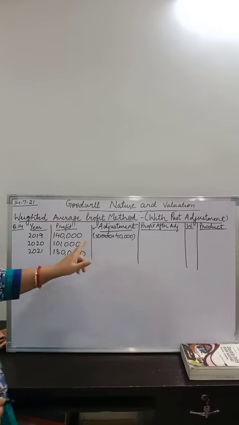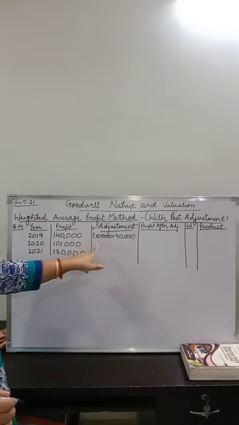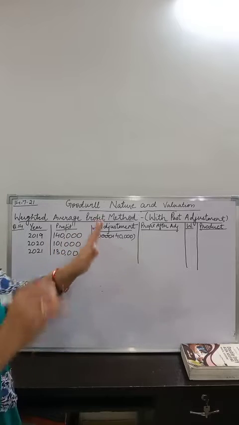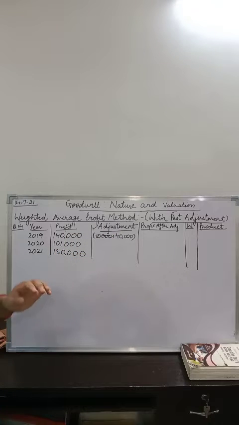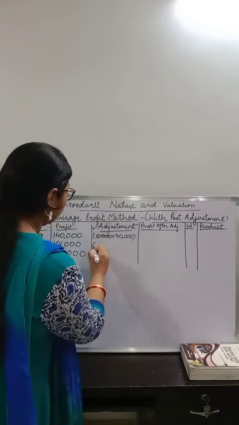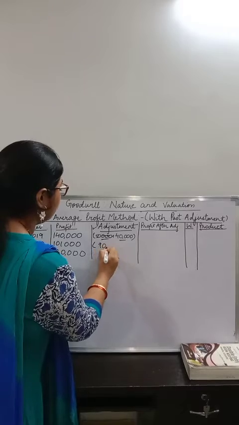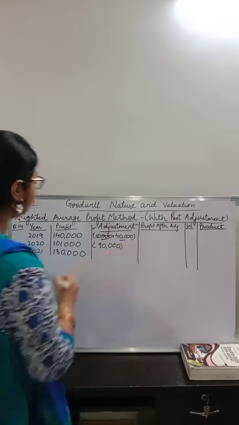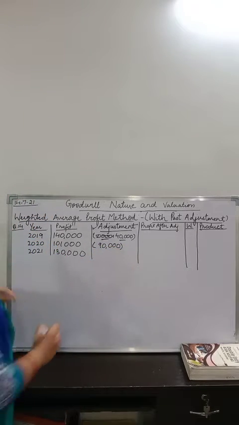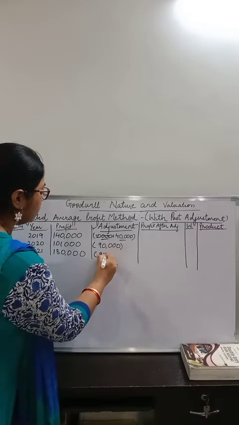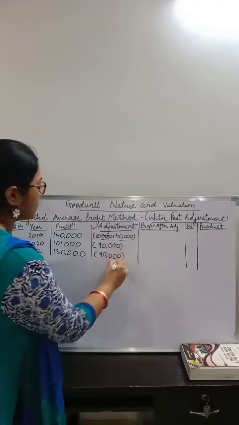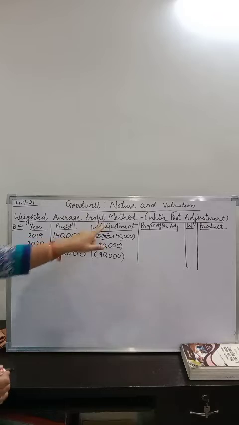Now, after this 1,01,000, again in 2020 they have not provided for the salary. So what we are going to do? Again we are going to subtract 50,000 plus 40,000, that is in total 90,000 rupees. Again in year 2021 you have to subtract this amount of salary, which is a past adjustment.